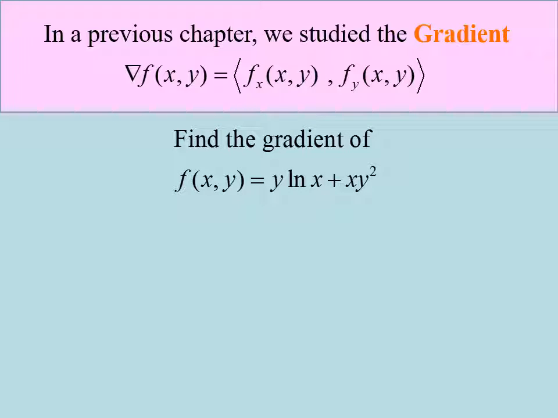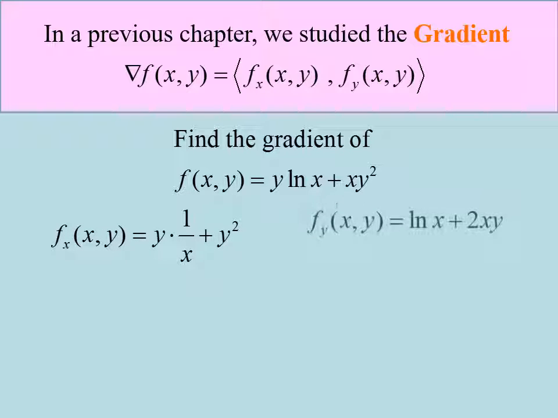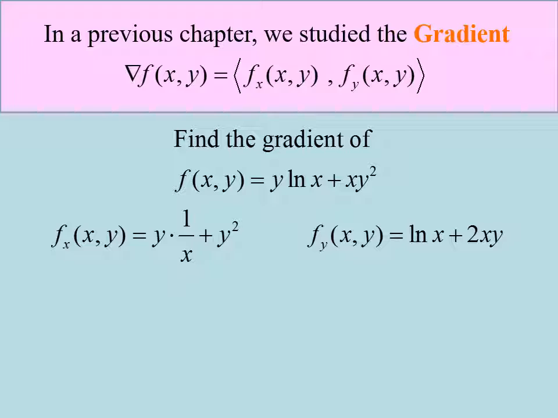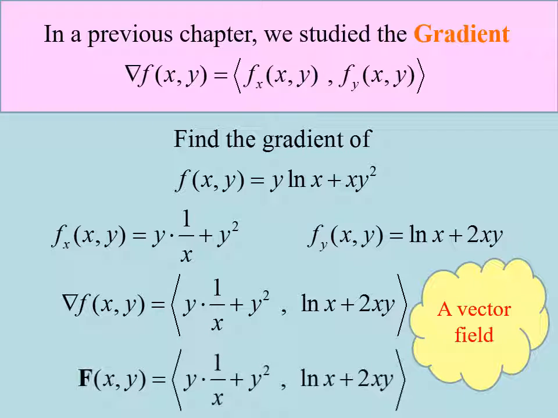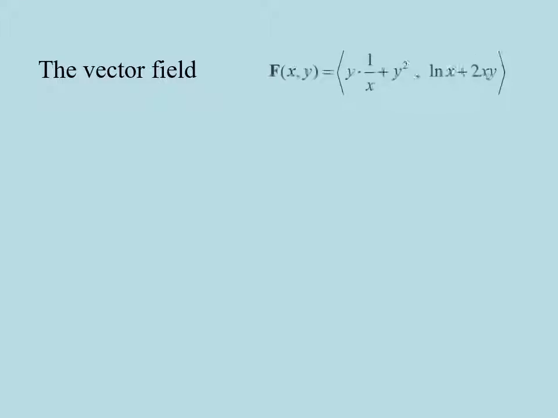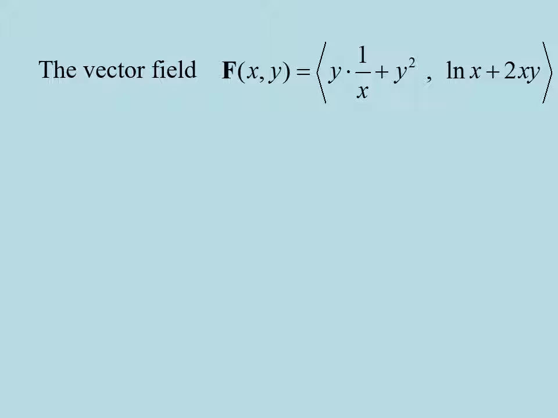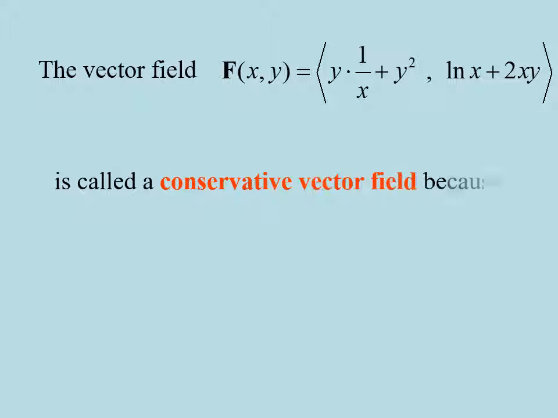For example, if we've got the function y ln x plus xy squared, the gradient vector for that function would be the partial with respect to x, the partial with respect to y, written as a single vector. So this vector field, which we just created from doing the partial of x and the partial of y, is referred to as a conservative vector field.